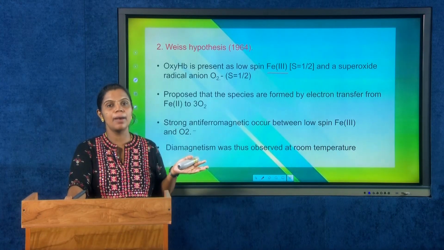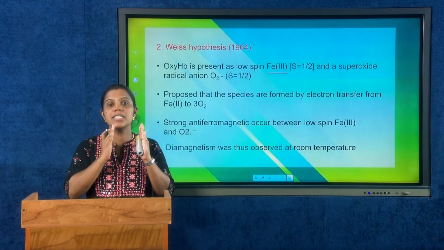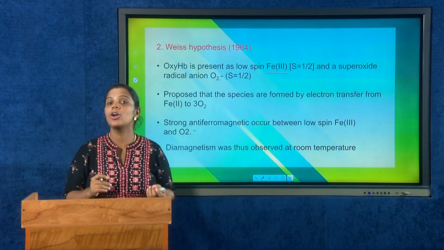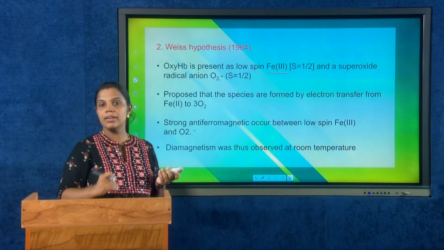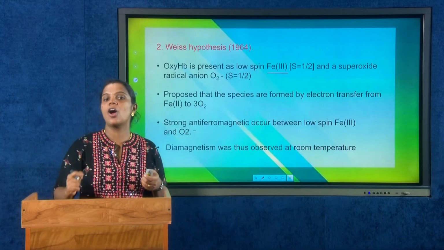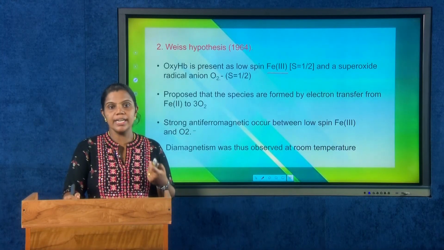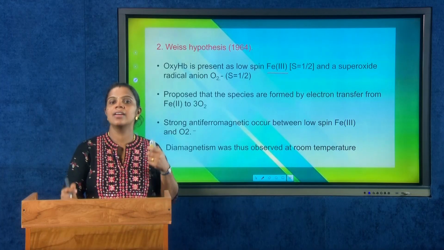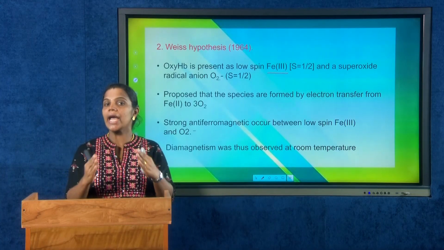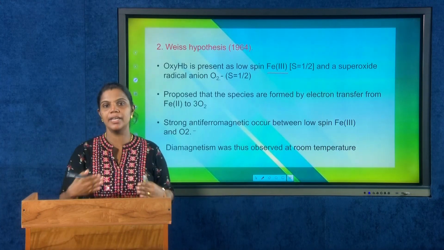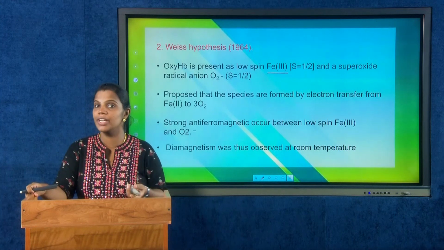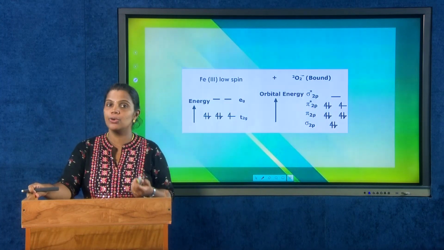Here there is strong antiferromagnetic coupling between the low spin Fe3+ and the oxygen superoxide radical, and hence, due to the strong antiferromagnetic coupling, it is observed to be diamagnetic at room temperature.